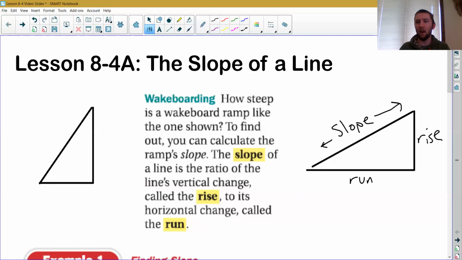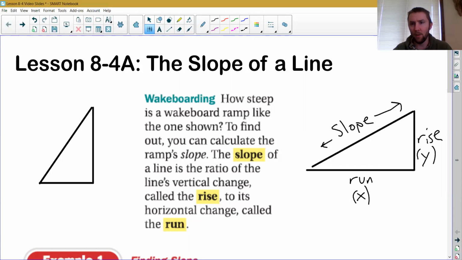If we think about putting a line on a graph like we've been doing previously, the vertical change would be the change in the y value. How much up and down did that line go? And then the run is going to be the change in the x value, okay?